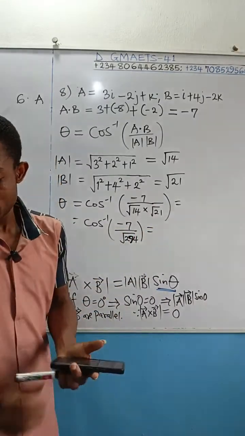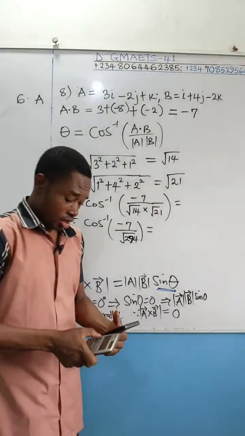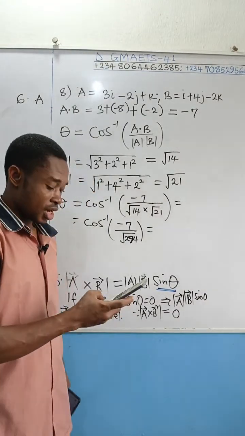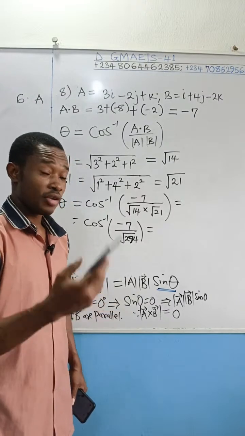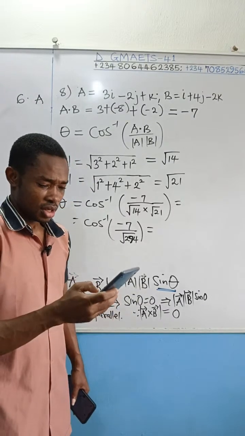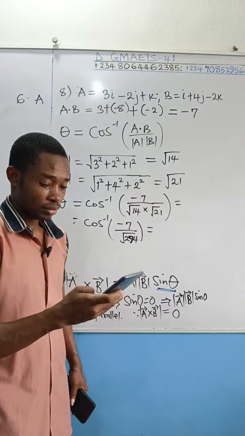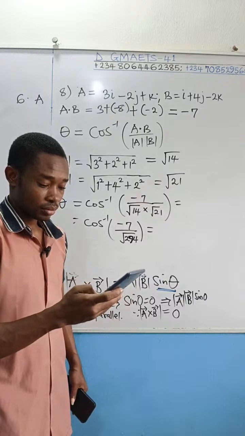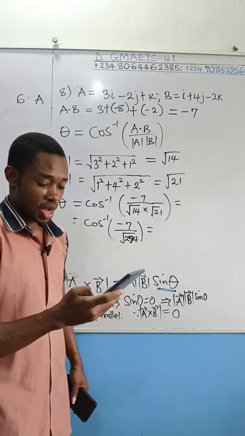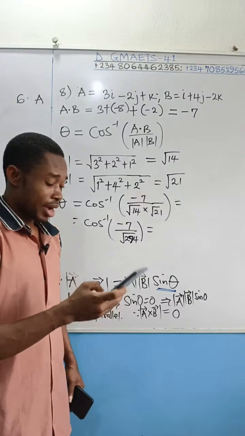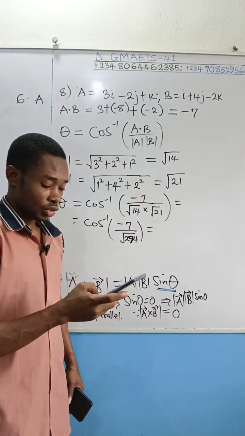Let us now obtain the cos inverse. Press your shift key, and then press cos. It will invoke cos inverse. Then minus 7, divided by square root of 294.